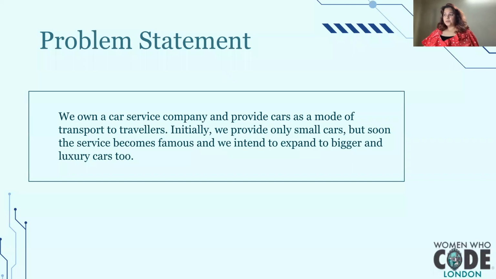Initially, we provide only small cars, but soon the service becomes famous, the demand increases, and we intend to expand to bigger cars and luxury cars. So we have three types of cars involved here: small cars, bigger cars, let's call them sedan cars, and luxury cars. So our purpose is to provide that as a means of transport to our users.